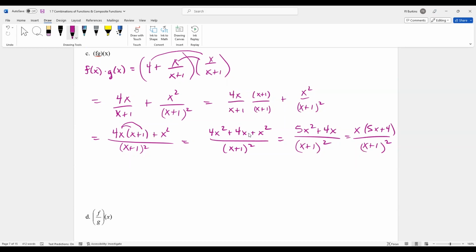Now, again, you technically could have stopped back here because the domain of both of these rational expressions tells us that clearly x can't be -1. So the domain's the same as it was before. It's -infinity to -1, union -1 to infinity. Okay.